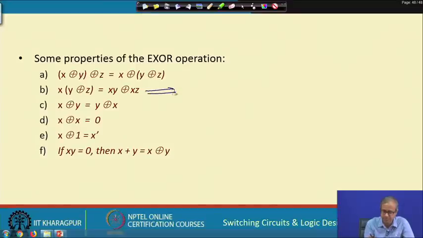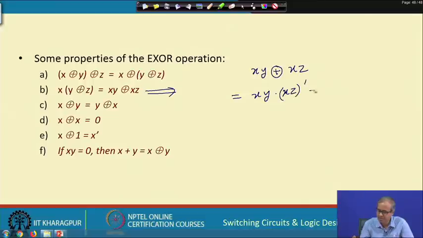Now, let us look at the other two rules which may not be very familiar to you. This one is some kind of distributive law, AND and XOR: x and y XOR z is equal to this. Let us take the right hand side, x y XOR x z. So, let us expand it. What is XOR? x y and x z bar, or x y bar and x z.